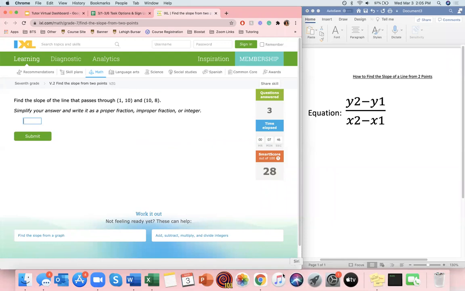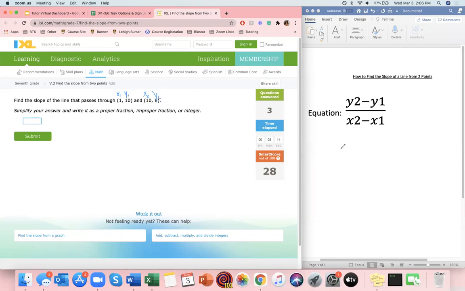Two more examples. Find the slope of the line that passes through 1, 10 and 10, 8. Which one would be x1? If you said 1, you are correct. Which one will be y1? If you said 10, you are correct. And what would x2 be? 10. And y2, 8. Oop, that's a really big y.